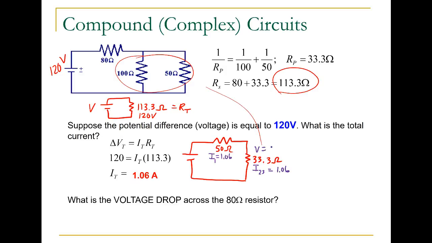So that means that V is IR, and also V is equal to IR. So that means that for the 80, it's 1.06 times, whoops, I wrote that wrong. That's not a 50, that's an 80. My bad. So that means that V across that 80 ohm resistor is 84.8.